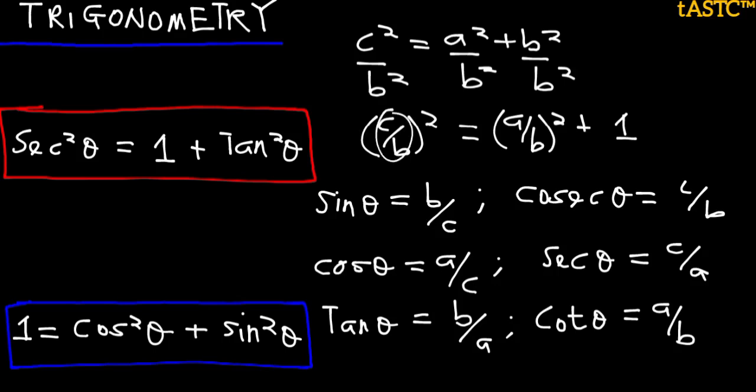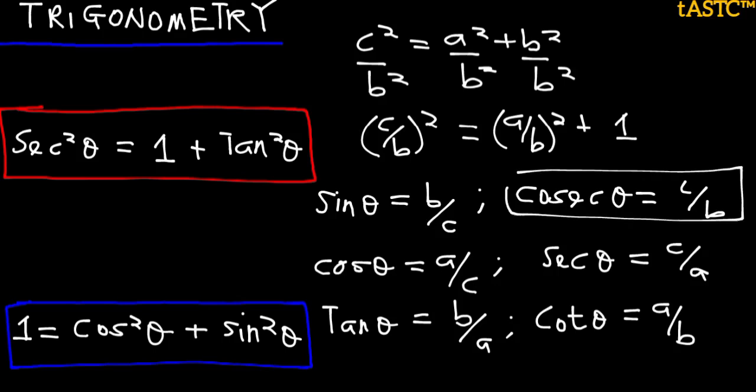Now, you got c/b. What is that trigonometric ratio that gives that expression? That clearly is cosecant theta. So that is going to be cosecant theta. Well, I'm just going to write it here. Now, you already know that this is squared, so instead of writing it as cosecant theta all squared, I'm just going to take it all at once.